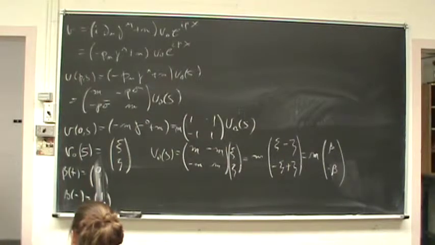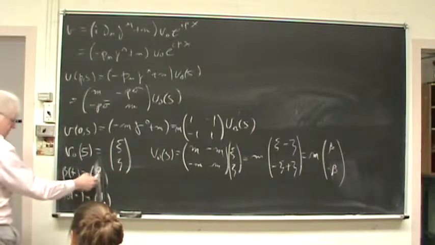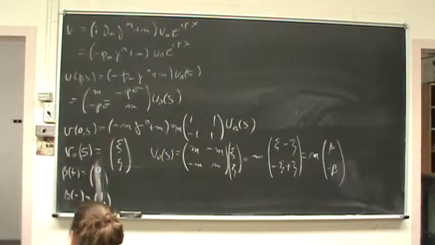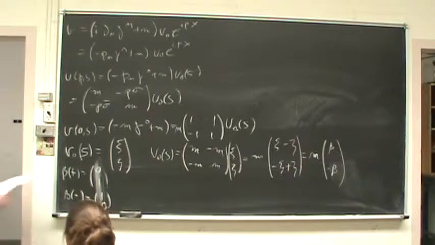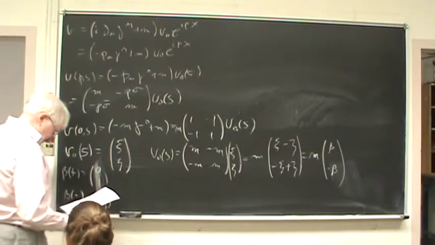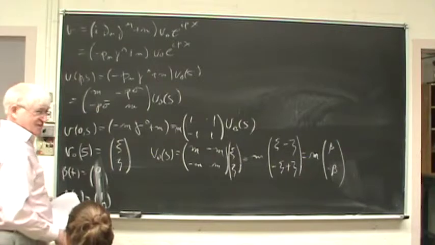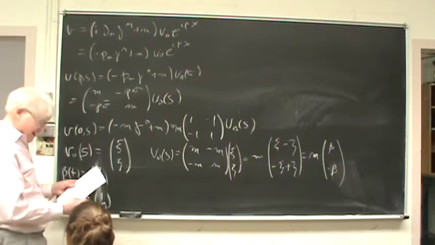And what I found was that if I did the naive choice, which is what you see in the book, you don't get the right charge conjugation. So I'll show you that a little bit later in the hour. This means that I'm going to have to do some matrix multiplication on the fly here.